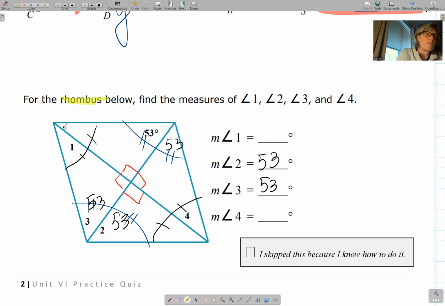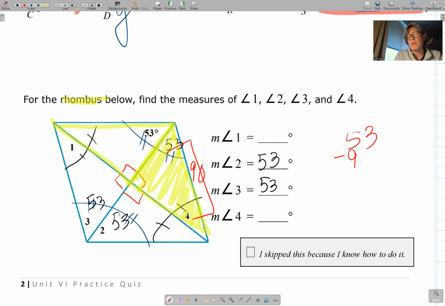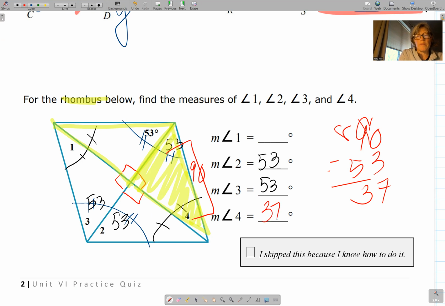And then, of course, because of the right angle, you know that this adds up to 180. So 90, 53, minus 90. Actually, it's the other way around, technically. 37, and then armpits of the Z, 53, 37.